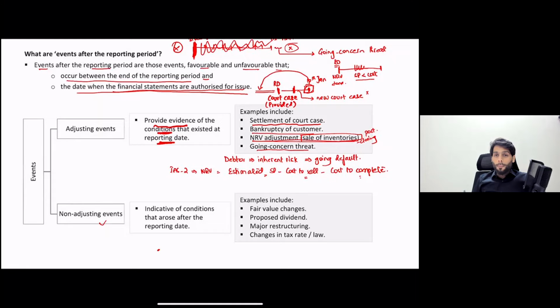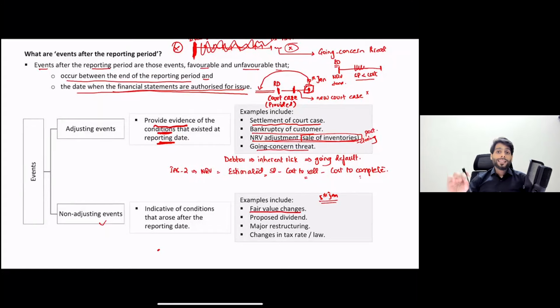A few examples could be fair value changes. For example, if on 5th January the stock market crashes and the value of the investments that you have goes down. Now this happens on 5th January, before the financial statements have been authorized for issue.